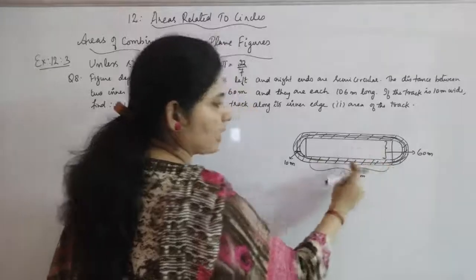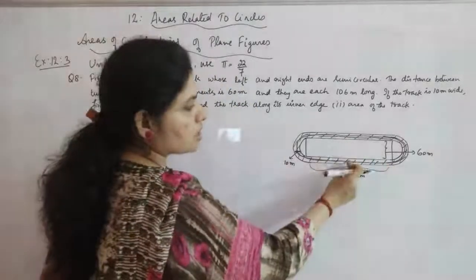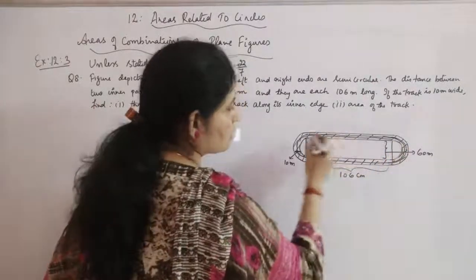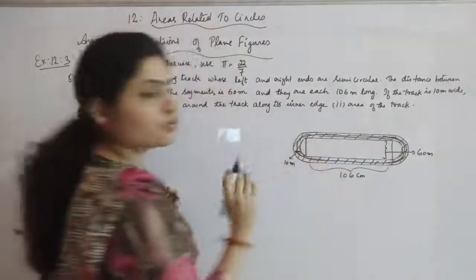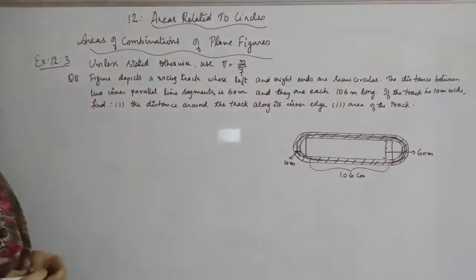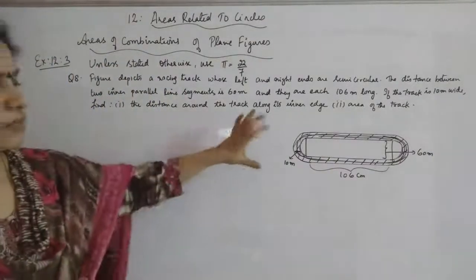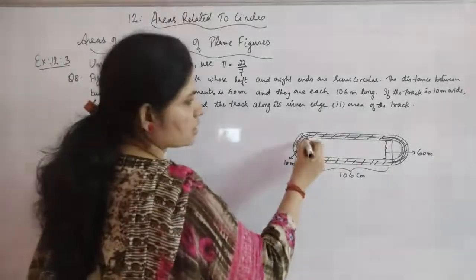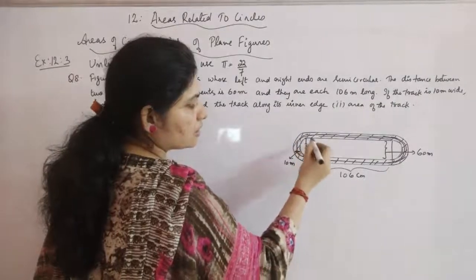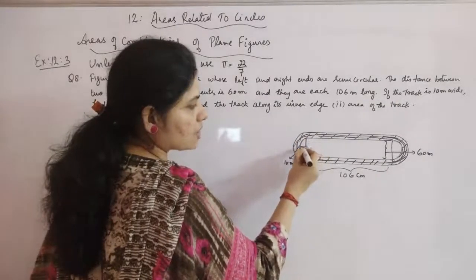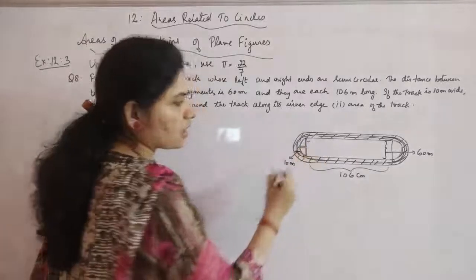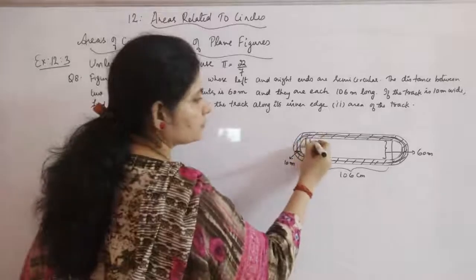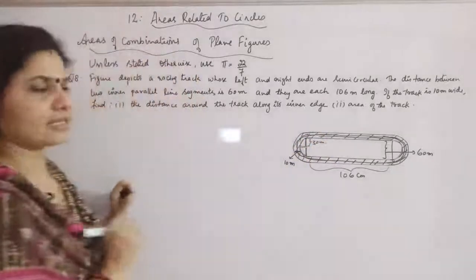The parallel length is already given, this is 106 and 106, so 106 plus 106, and you need to get the semicircumference. For that semicircular region you need the radius. Now since this total is your 60 meters given, the half of this is 30 and that will be acting as the radius of the semicircular region. So that will give you your 30 meters, and that is r.